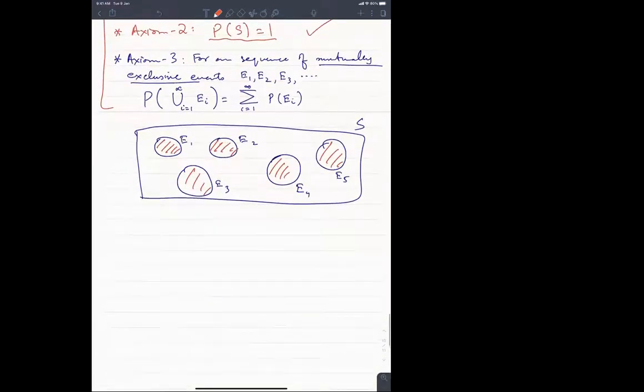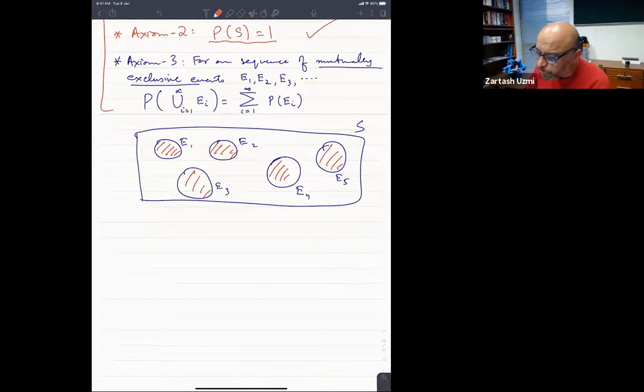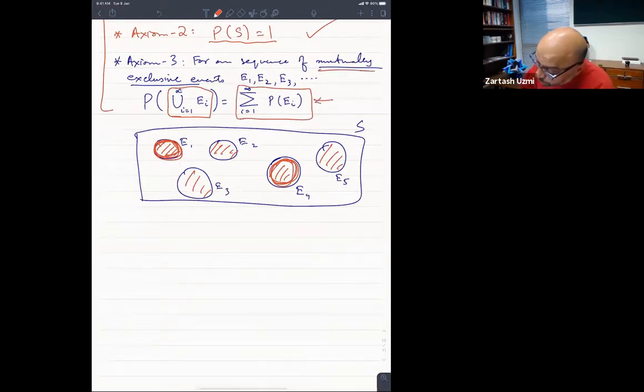We do know that at a time इन सारे इवेंट्स में से सिर्फ एग्जैक्टली एक इवेंट अकर करेगा. कौन सा इवेंट अकर करेगा? वो जिसके अंदर वाला आउटकम अकर कर जाएगा. Only one of those events will occur. Okay? And what would be the chance of that event occurring? The chance of that event occurring is basically the number of points contained in E1 divided by S. The number of points contained in E4 divided by S. Okay? So the union of E_i is equal to the sum of probabilities. This only when they are mutually exclusive.